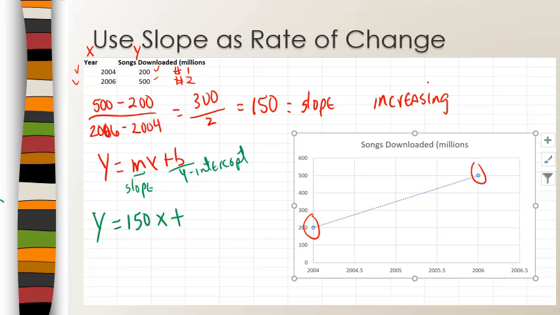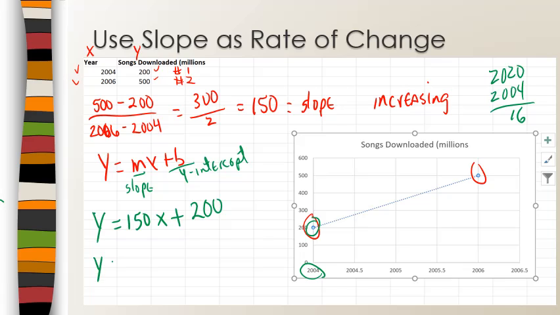Since I started on the x-axis at 2004, that's where my graph intersects the y-axis, so I could say plus 200. Now, to use this to predict how many songs are going to be downloaded in 2020, since x is the number of years, how many years is it between 2020 and 2004? Well, there's 16 years.